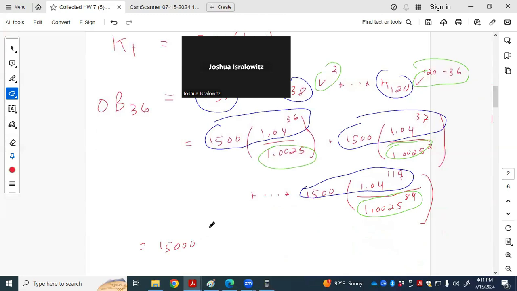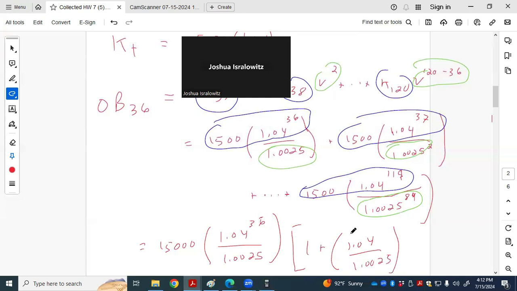All right, so as an example, all you can do is factor out the first term. If you do, it's 1 plus, you can check, 1.04 over 1.0025.